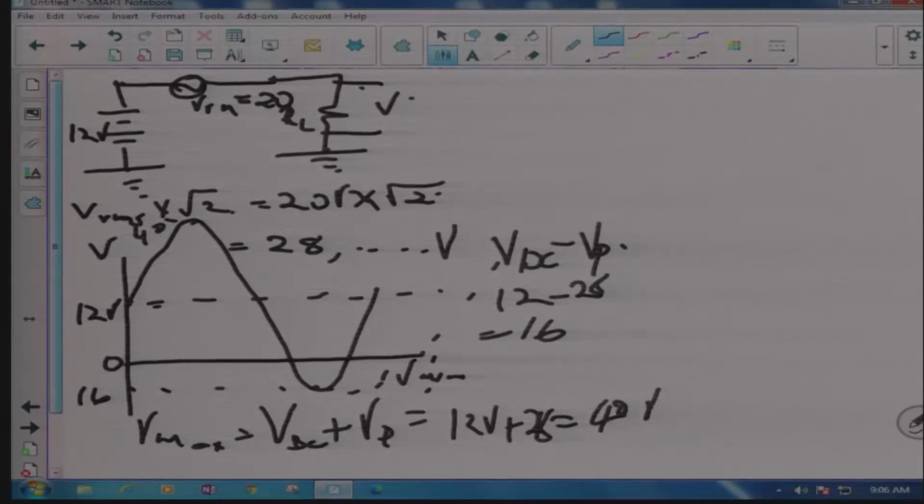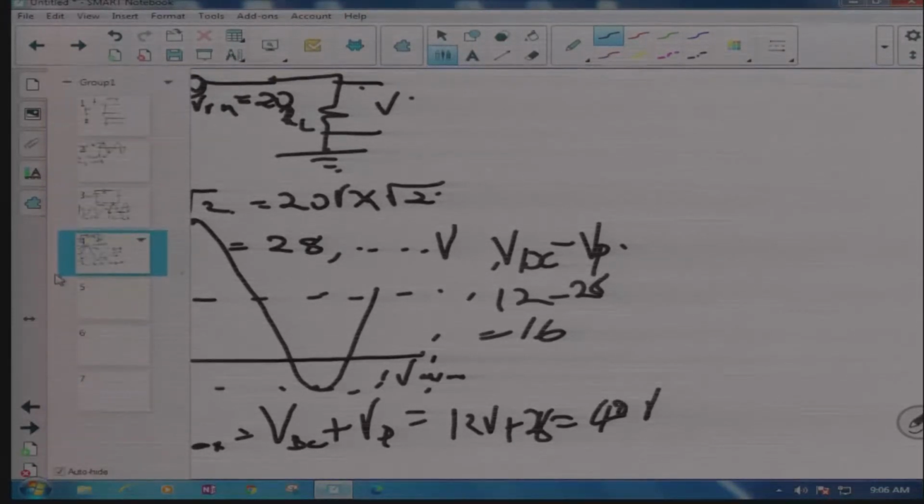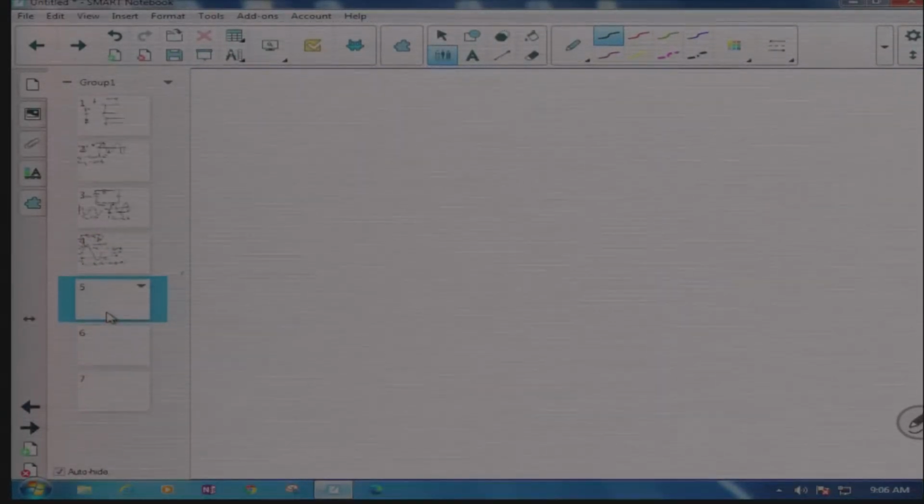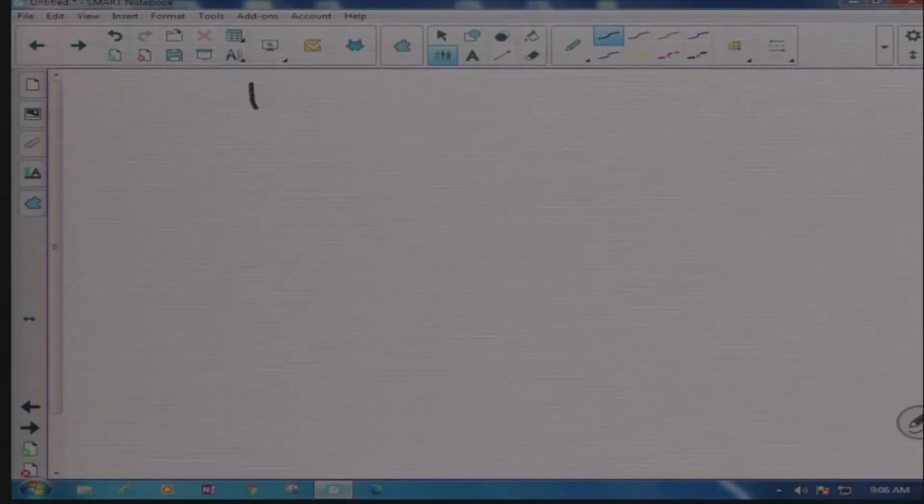Now this is how you handle something which has got a positive voltage and it's got both AC and DC. Now let's have a look when we have a different scenario. A scenario whereby our voltage is negative. I have my AC supply, still the same value in this case, which is 20 volts RMS.